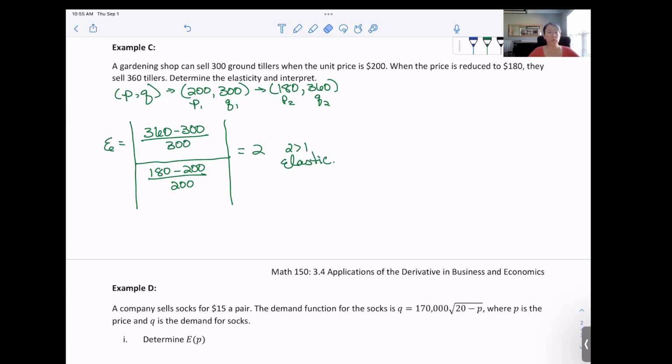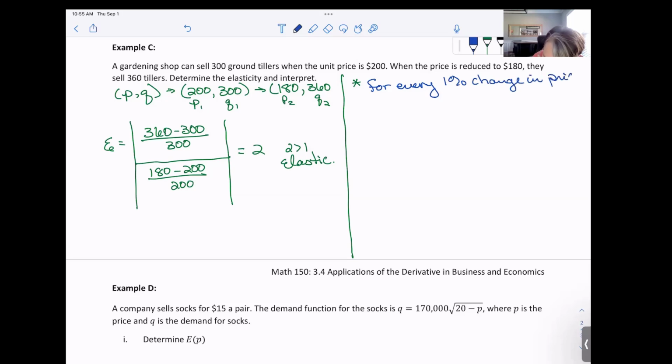If we interpret this just as it is, generically it means that for every 1% change in price, there is a 2% change in demand. But we want to interpret it in terms of the two points they gave us.